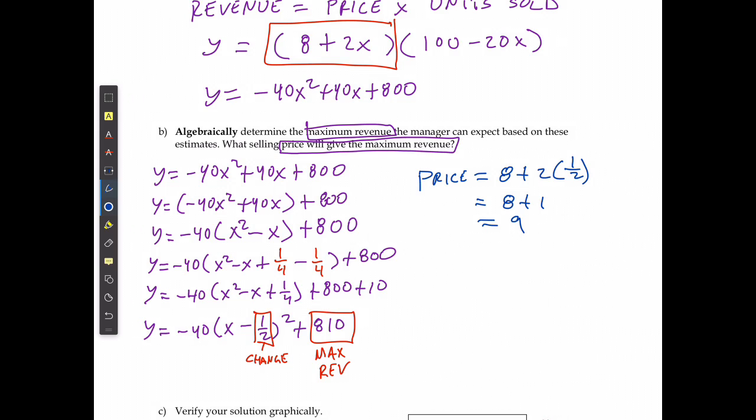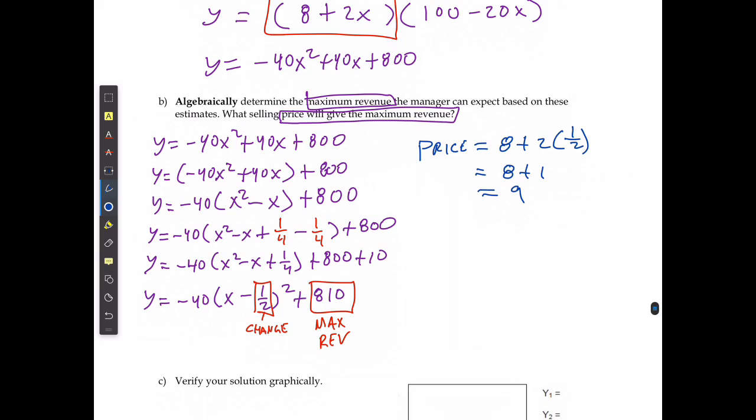The last thing is anytime that I'm dealing with these word problems and it wants a clear set answer, then I'm going to write it down as a sentence.